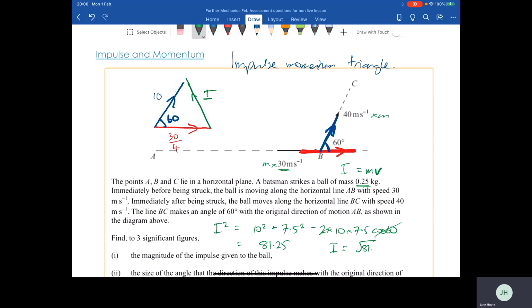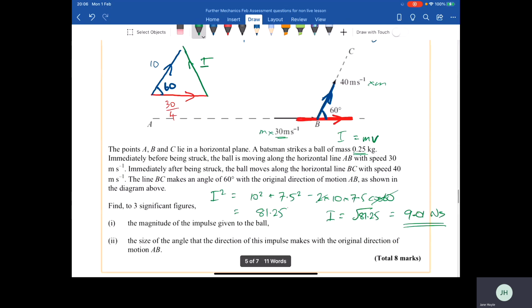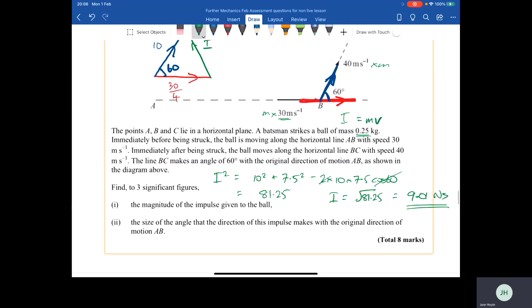So I is the square root of 81.25, so it's just over 9, isn't it? 9.01 Newton seconds. Okay, so fine, I think. The size of the angle that the direction of this impulse makes with the original direction of motion AB.